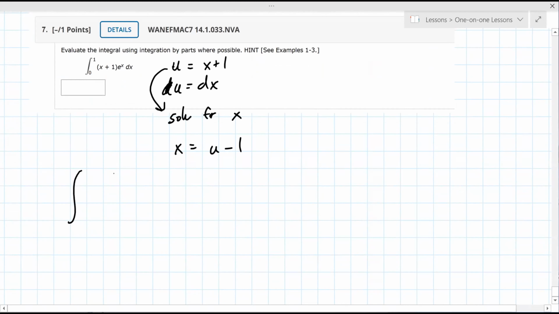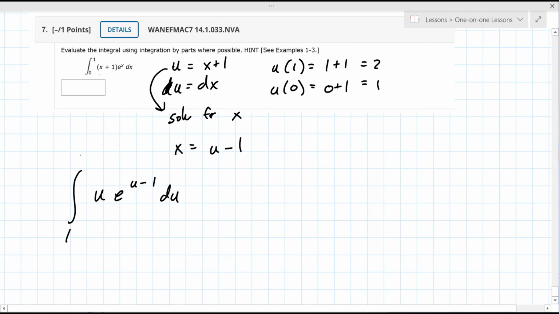You get the integral, instead of x plus 1, it's u e to the u minus 1 du. You can actually change the limits of integration based on your u. So u of 1 equals 1 plus 1, I'm just putting 1 in for x, so that's 2. U of 0 equals 0 plus 1, which is 1. So that changes the limits of integration.